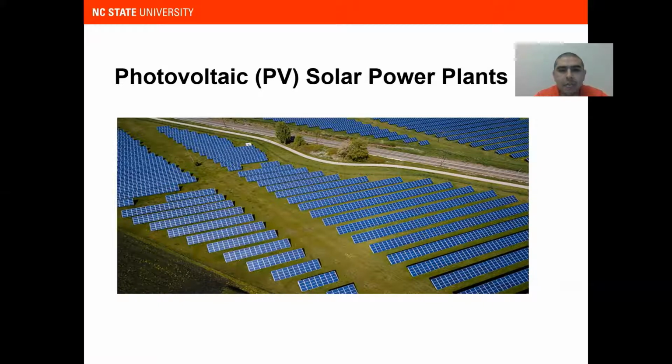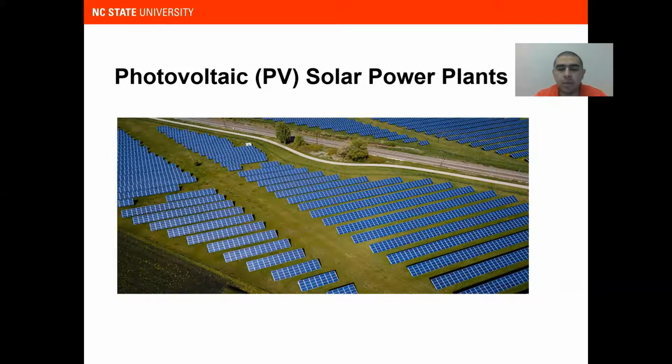And the energy is transformed into alternating current, AC, so it can be delivered to the power grid. For people that maybe don't know, the power grid essentially runs on AC. Most of the grid is AC. We have some high voltage DC transmission lines, but essentially the system is alternating current.